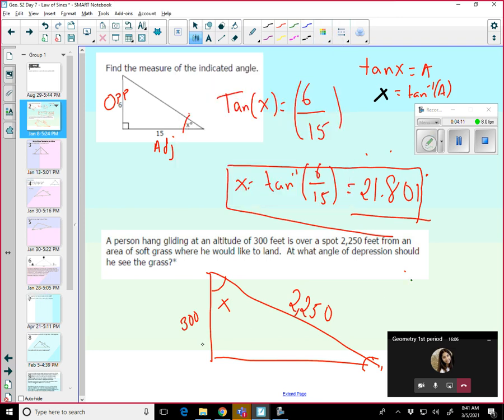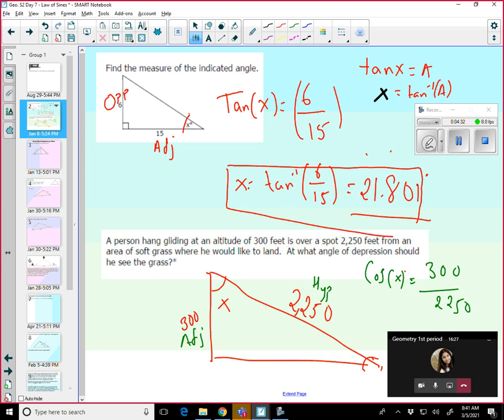We will have this to be the adjacent side and this is the hypotenuse. So adjacent over hypotenuse is nothing but cos. So cos x equals adjacent over hypotenuse, that is 300 over 2250.